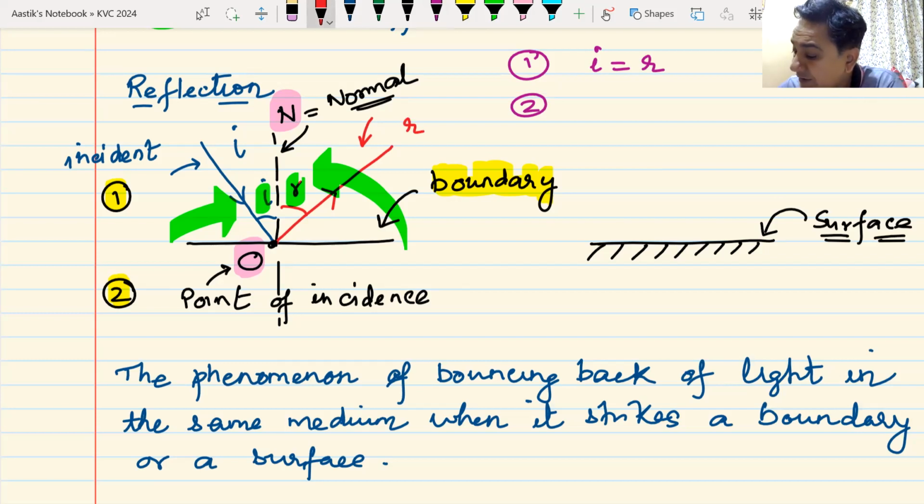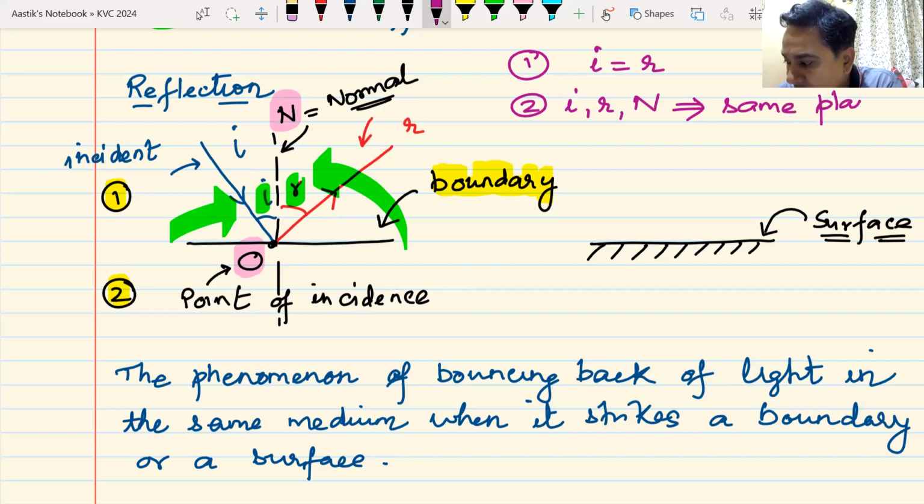The incident ray I, the reflected ray R, and the normal all lie in the same plane. Do we understand this? Okay.